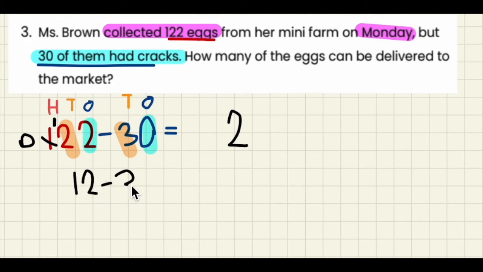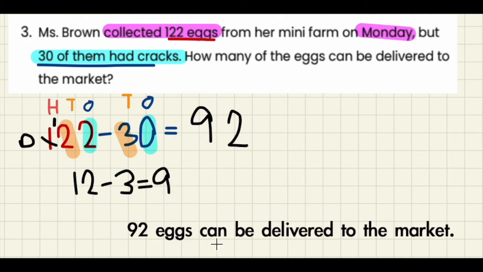And we don't have anything in the hundreds place because we lent that 1 to the tens place. So our final answer for 122 minus 30 is 92. To answer the question in sentence form, how many of the eggs can be delivered to the market? We can say 92 eggs can be delivered to the market.